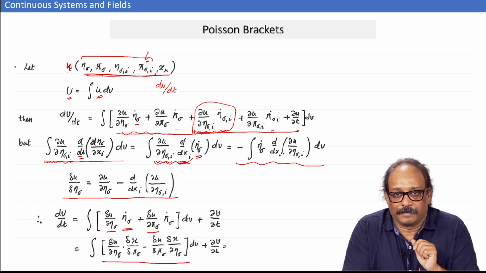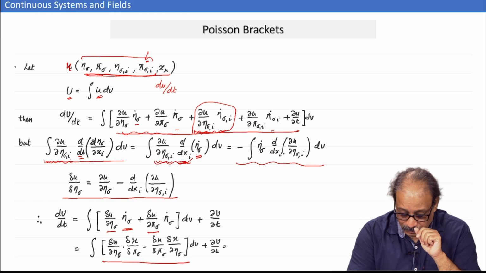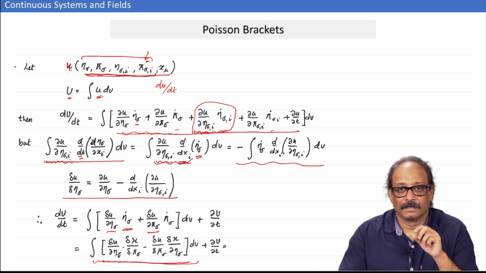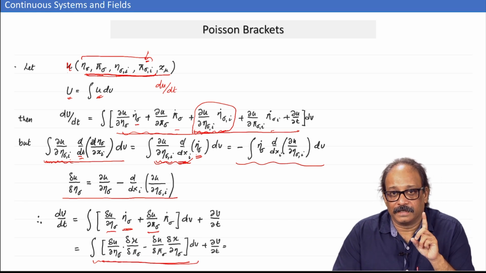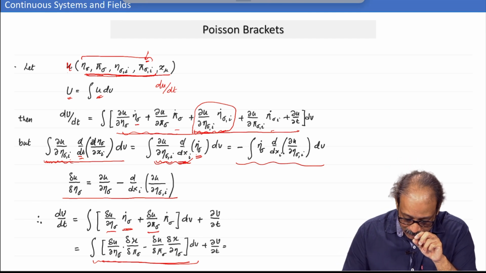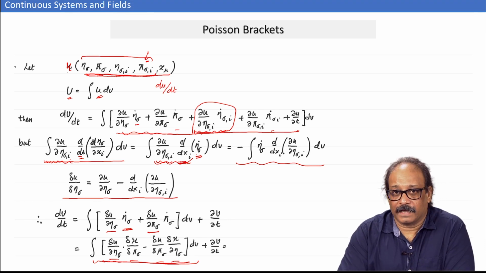This has the structure of a Poisson bracket, but it is under the integral sign. Okay. So if I had a Poisson bracket of a discrete system, then remember there was a summation over i, and then you have derivatives with respect to individual generalized coordinates and corresponding momenta.